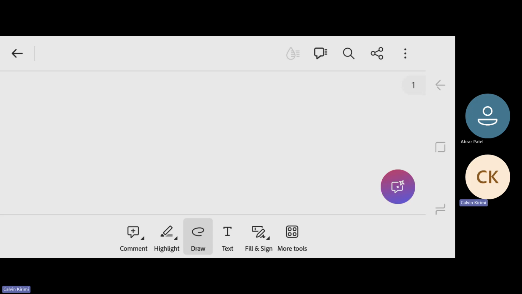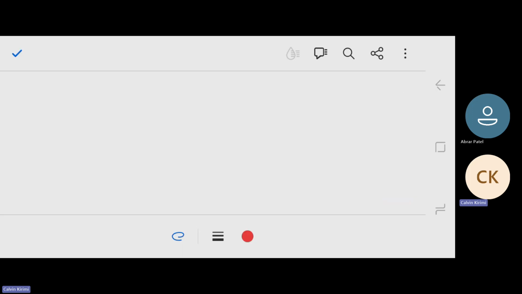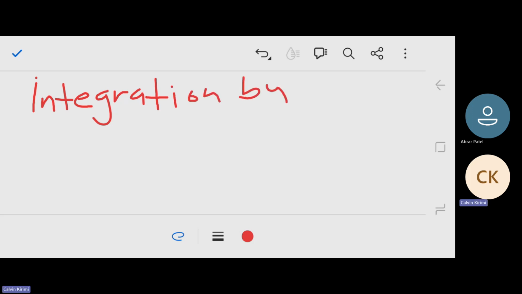Integration by partial fractions. So we are making use of partial fractions to integrate.